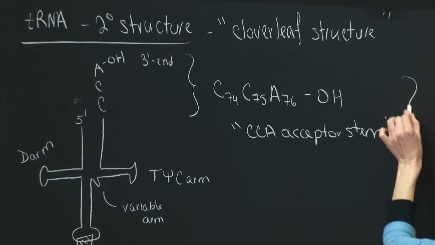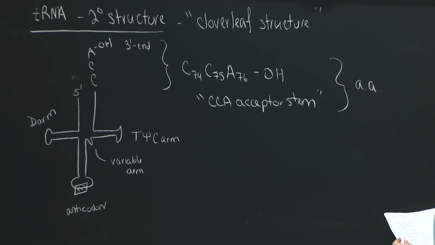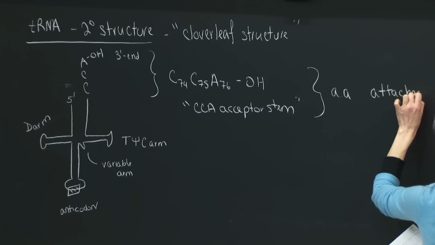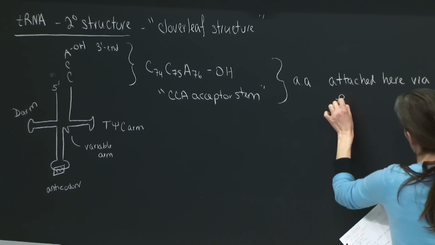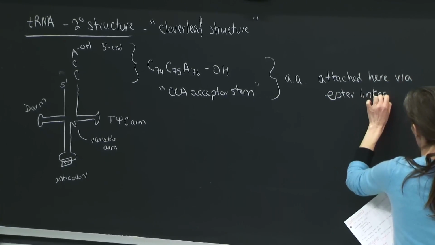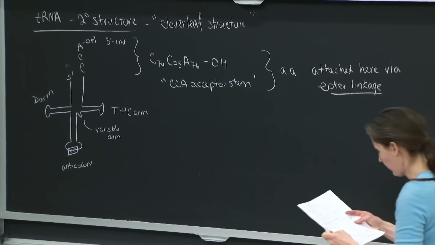And the amino acids are attached here. I'm going to abbreviate amino acid as AA, via an ester linkage. And these ester linkages are important for the chemistry that happens in the ribosome.